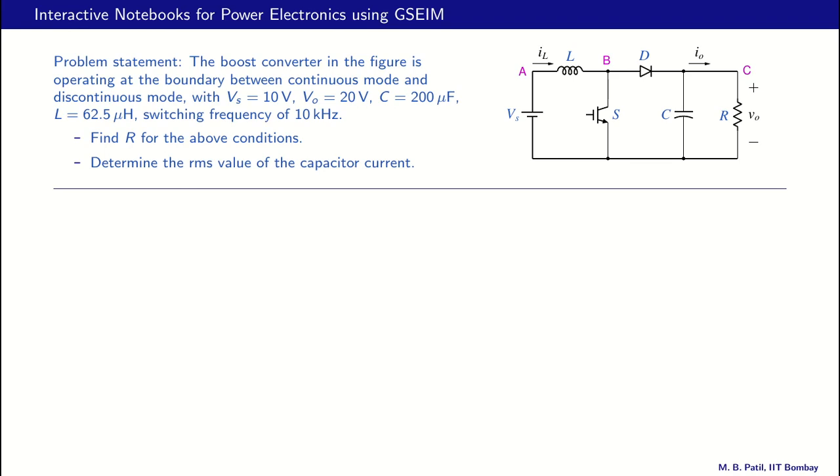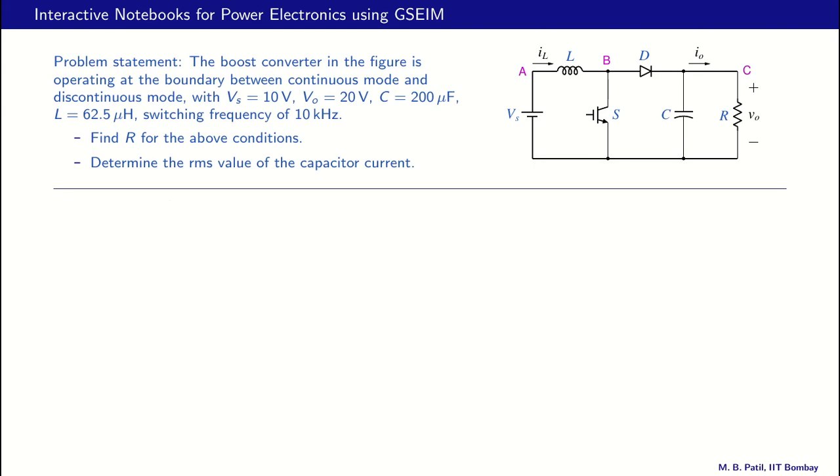So we are going to give a notebook to the user and expect the user to enter the value that they have found for R, and with that value we are going to run GSEIM on a suitably prepared circuit file and compute all the waveforms that the user would like to see.